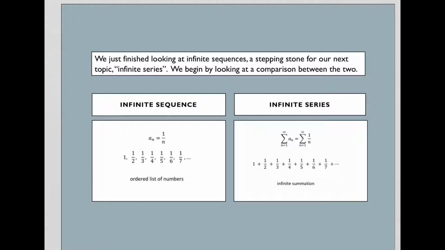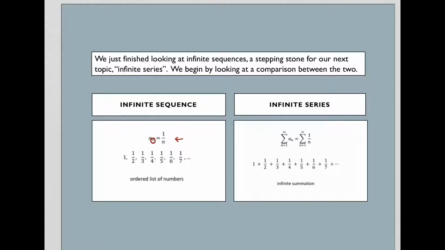Now students often confuse sequences and series, and so I'm going to start by looking at a comparison between the two. On the left, we have an example of an infinite sequence. a sub n equals 1 over n. And let's just recall that in an infinite sequence, the n's represent positive integers.